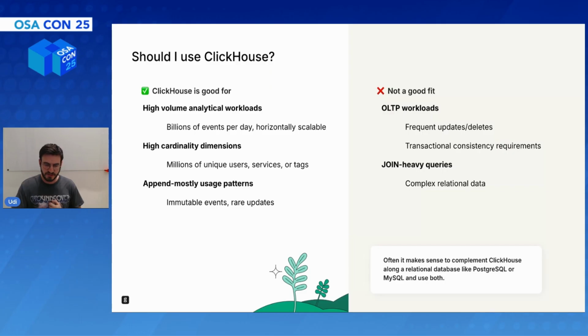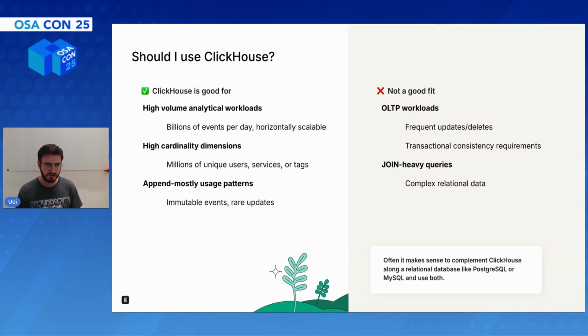The next question you should ask yourself is, is ClickHouse right for me? And this is determined from the properties we've just discussed. ClickHouse is good for analytical purposes with high cardinality dimensions and append-mostly usage patterns, where you don't need to frequently update or delete rows, and you don't require transactional consistency.